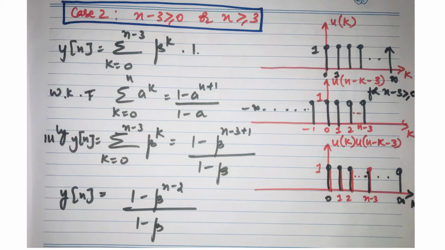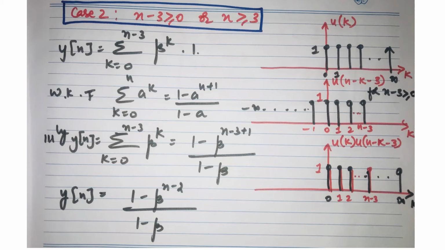In the previous class we know that the summation series k equal to 0 to n of a power k is given by 1 minus a to the power n plus 1 divided by 1 minus a. In this problem, a is replaced by beta and n is replaced by n minus 3.